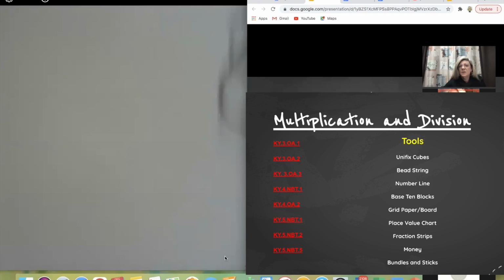Now we are talking about multiplication and division. There are several standards at the elementary level related to multiplication and division, kind of similar to the fractions, a very close number. So that's another huge chunk of our work that we focus on at this level.